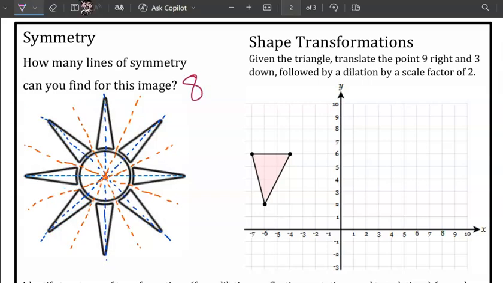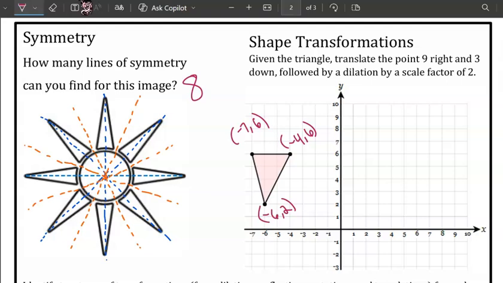Shape transformations. Given the triangle, translate the points 9 right, 3 down, followed by dilation by a scale factor of 2. The first thing we want to do is identify the 3 points of this triangle. We have negative 7, 6, negative 4, 6, and negative 6, 2.